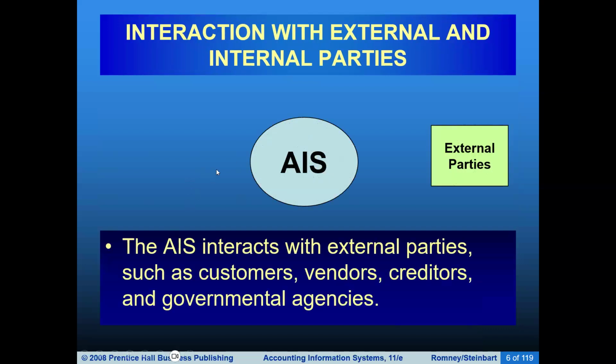Then we talk about interaction with external and internal parties, because the accounting information system is not only internally related, or inside the organization. You always establish it internally, but you have to make the connection with external parties like vendors, customers, agents, etc. External parties relationship and internal parties.